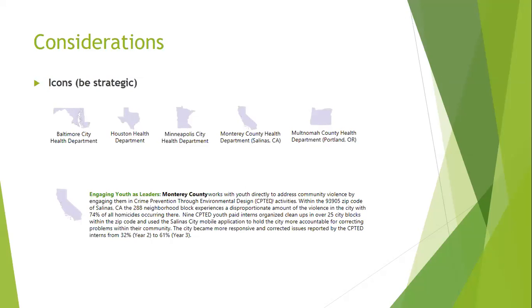So we didn't just put a graphic in at the beginning because it looked pretty. It was something that we continued to use throughout the one-pagers, that people could quickly see and say, oh yeah, this is Monterey County in California. This is what they're doing. This is what they're implementing. So icons can be really great, but make sure that there's a purpose behind them.